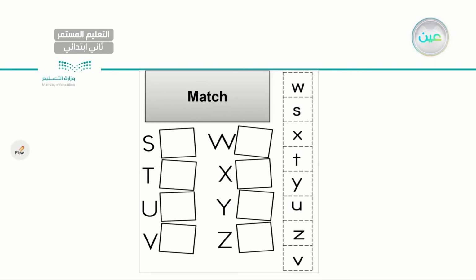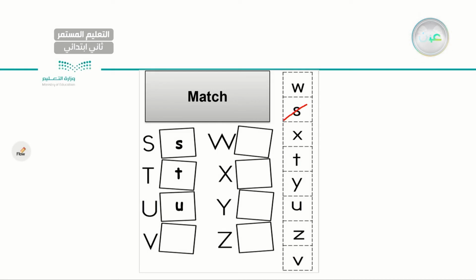Here I have S, T, U, V, W, X, Y, and Z. And I have all the small letters to your right. Let's go ahead. Starting with the first one, excellent, I have letter S. Excellent, so let's go ahead and cross that one. S. Next, I have T. Very good, letter T. Next, I have U. Very good, capital U, small u.